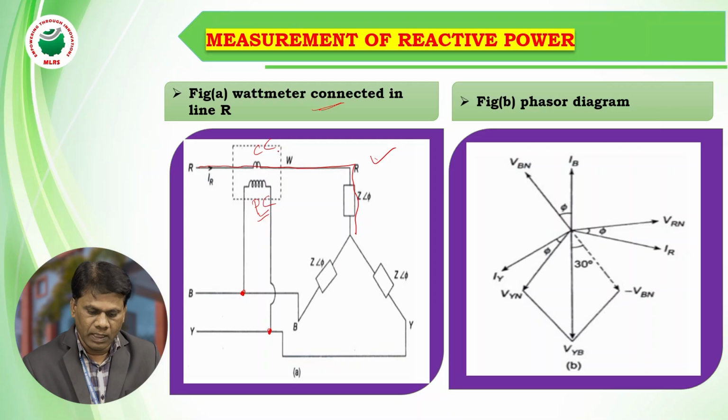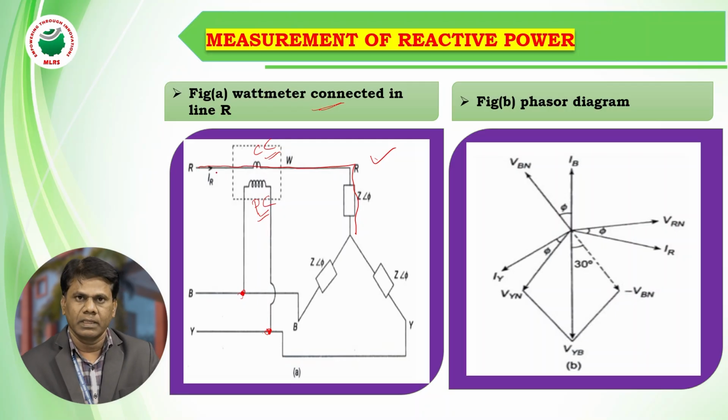Only the current coil is connected in the R phase, and the pressure coil is connected between line Y and line B.